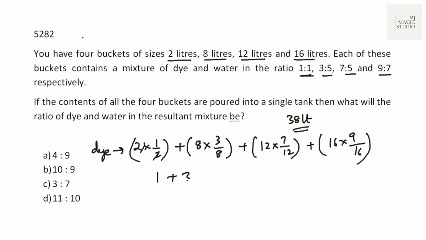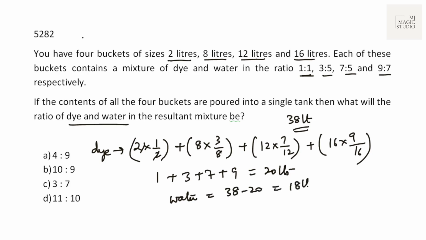So how much are we getting? 1 plus 3 plus 7 plus 9 equals 20 liters. So dye is 20 liters, so automatically water becomes 38 minus 20, that is 18 liters. So the ratio of dye and water in the resulting mixture is 20 is to 18, that is 10 is to 9. 10 is to 9 we have in option B.